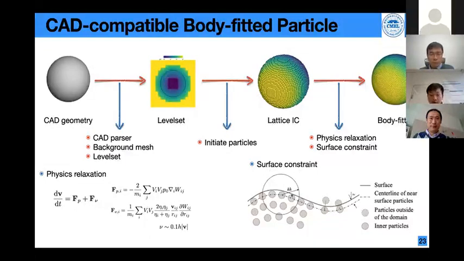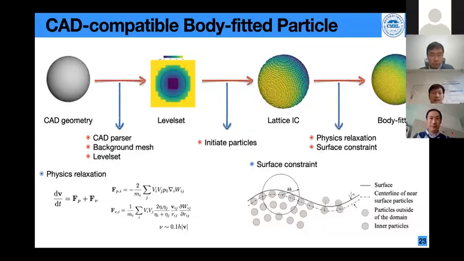The surface constraint means, for example, this is the surface of the geometry, and we move this surface inward by a distance of half of the particle spacing. Then if a particle moves out of the geometry, it will be moved back exactly onto this line. So in this case, a body-fitted particle distribution can be generated.